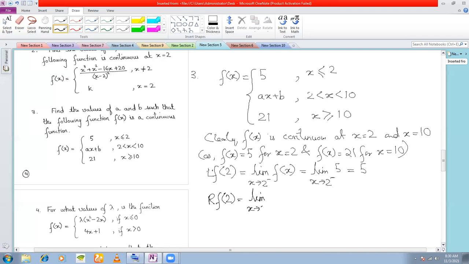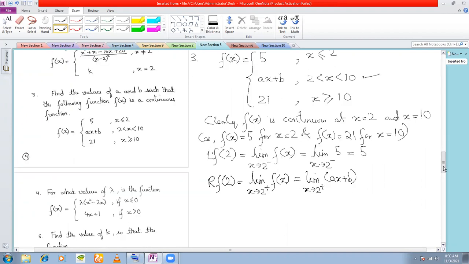Right hand limit: x tends to 2 plus fx. Now this time x approaches 2 from values that are higher than 2. So this time we'll take the value of fx as ax plus b. So limit x tends to 2 plus ax plus b.